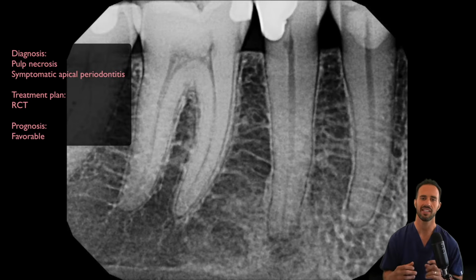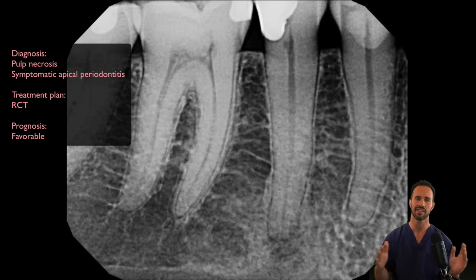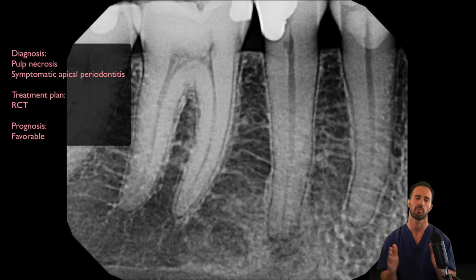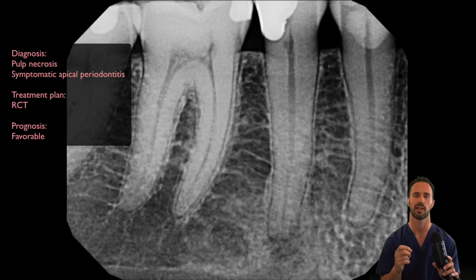So it's important in cases like this to start the decision-making process on whether or not you're going to complete this case in a single visit or you're going to break it up into two with an inter-appointment medicament of calcium hydroxide.